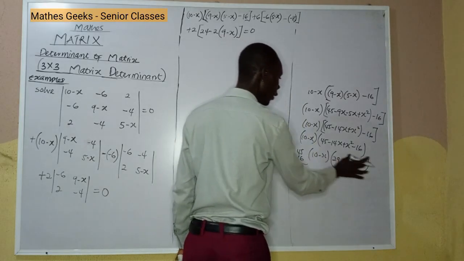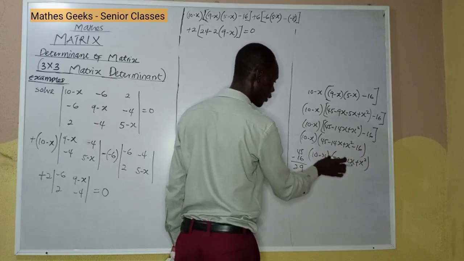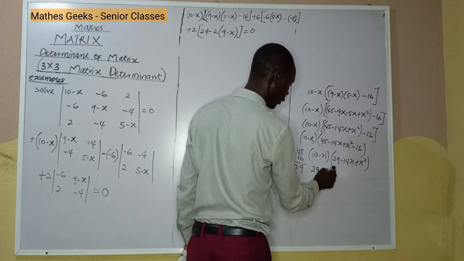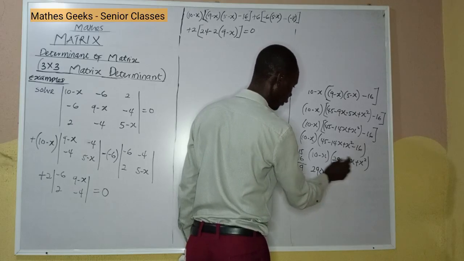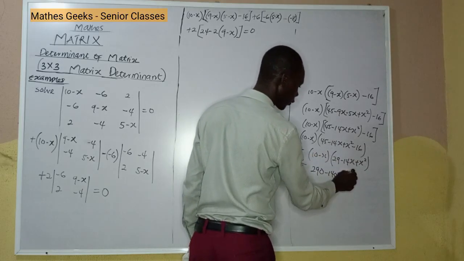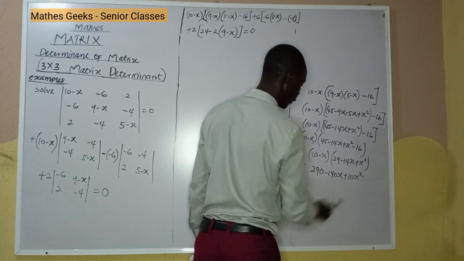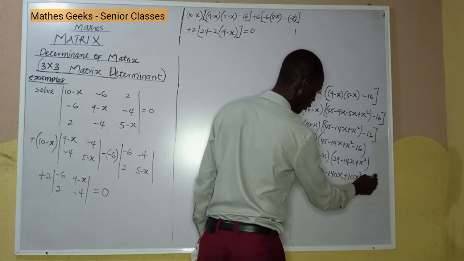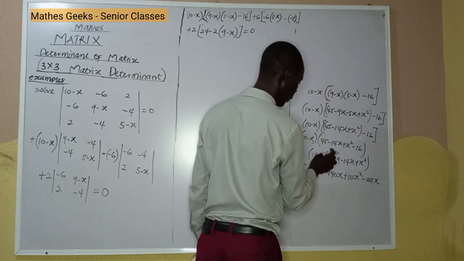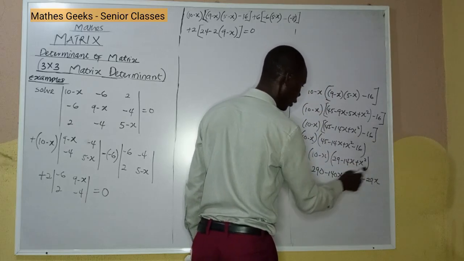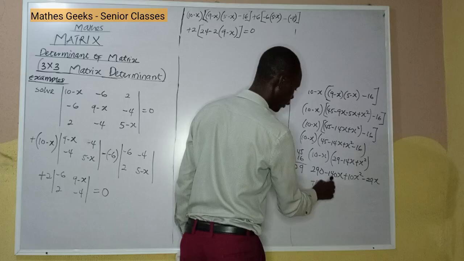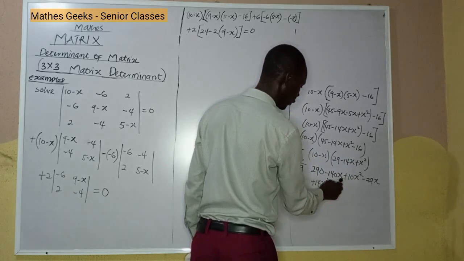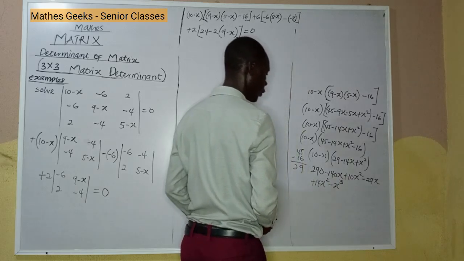So when you expand, 10 times 29 is 290. 10 times minus 14x is minus 140x. 10 times x squared is 10x squared. Minus x times 29 is minus 29x, minus x times minus 14x gives us plus 14x squared, minus x times x squared gives us minus x cubed.